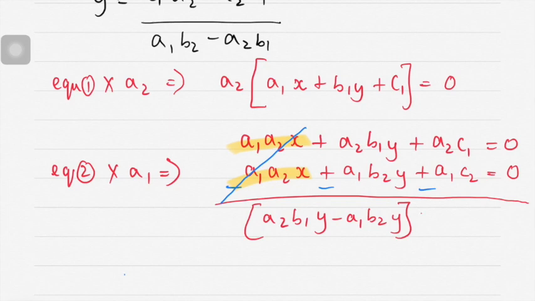And then here you will do a2c1 minus a1c2, so plus a2c1 minus a1c2 is equal to 0.